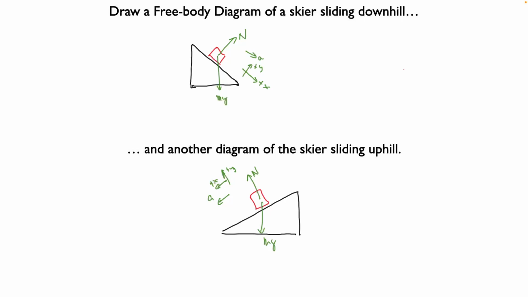The bottom diagram tells me the object's motion is going to change down the hill. And if they start at the top of the hill and they're sliding down, it means they're going to speed up. But if they start at the bottom and they're sliding up, it means they're going to slow down. And now we're back from chapter 2, right? And that confusion between acceleration and velocity.